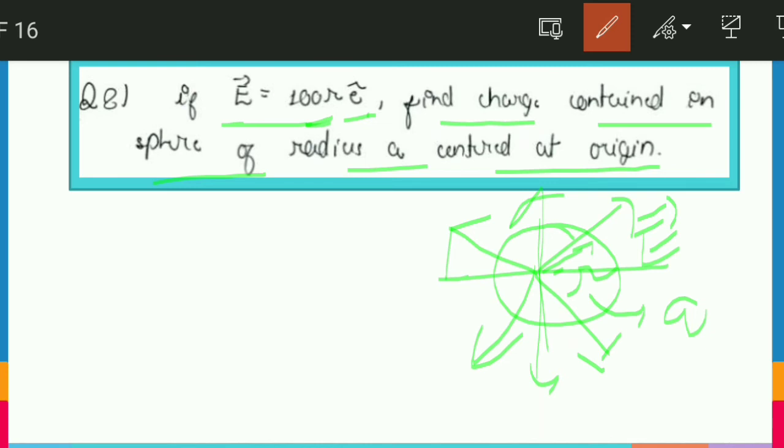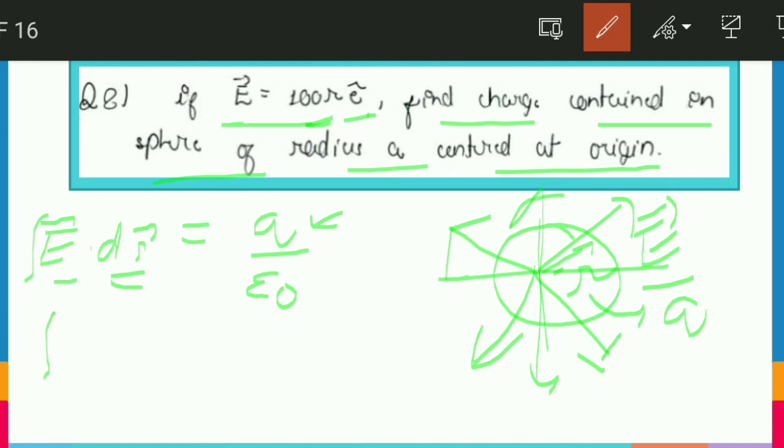So from Gauss law, I think friends you know what Gauss law says: the integration of E vector dot ds vector equals q upon epsilon 0, where this q is nothing but the charge contained inside the surface. From the figure it is clear that E vector and ds vector are parallel, in the same direction. And can you find E vector from the figure?